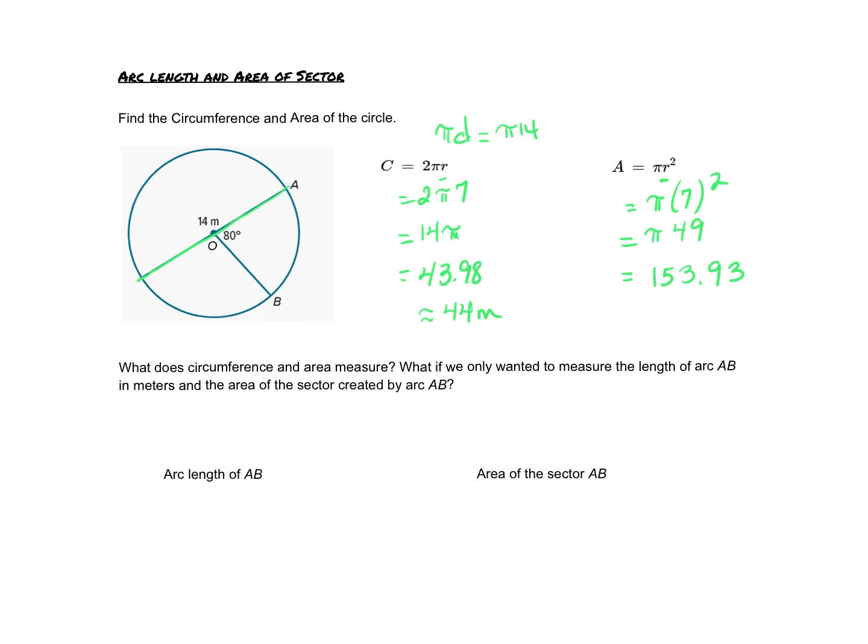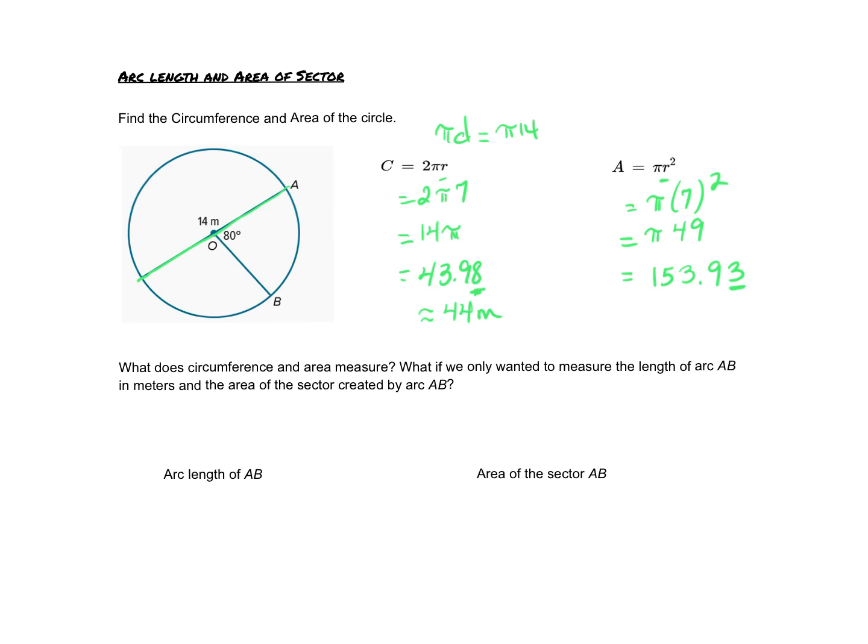I'm hesitant to round here because this is a 3, so I can't. Whereas this was an 8 that rounds up to the 9, which rounds up to 0. So I did round that to 44. I'm going to keep this at 153.93 just for accuracy purposes.